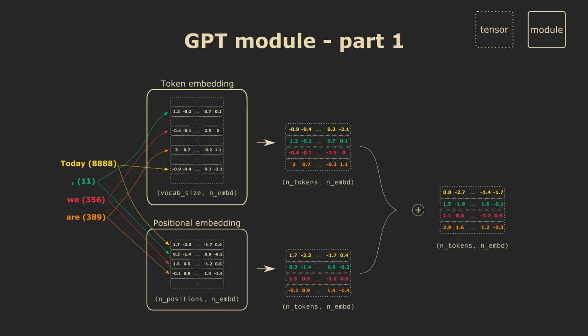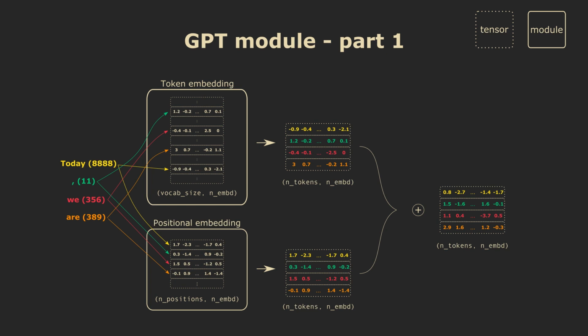As discussed, it inputs the token indices generated by the tokenizer, and these token indices are then dispatched to 2 different embedding modules. First of them is the token embedding, and the second of them is the positional embedding. Note that I call them modules, however, in the background, they are nothing else than a single 2-dimensional tensor, and by running a forward pass on them, we simply query rows of these tensors.